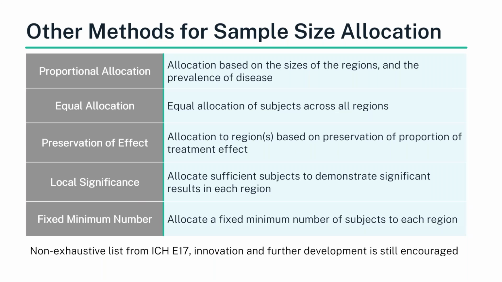But otherwise, it's just going to lead to inefficient recruitment or inflated sample sizes by requiring a fixed number if that number isn't picked with the right reasoning behind it.